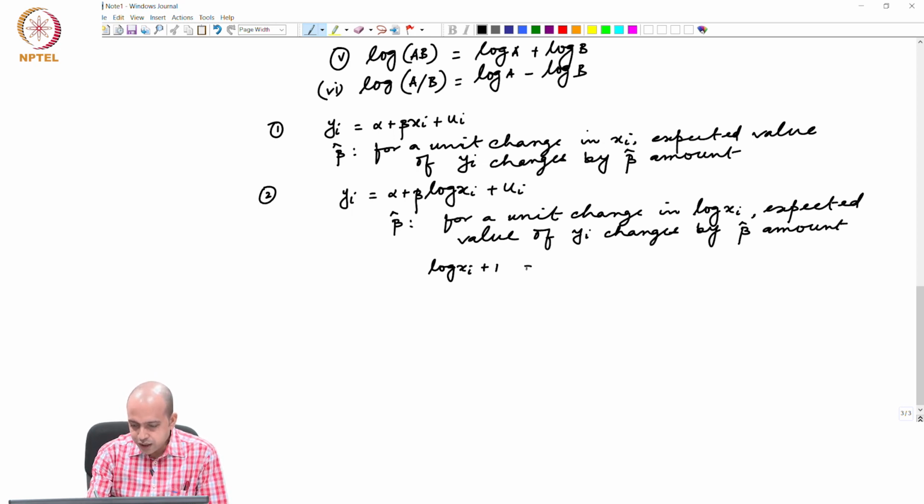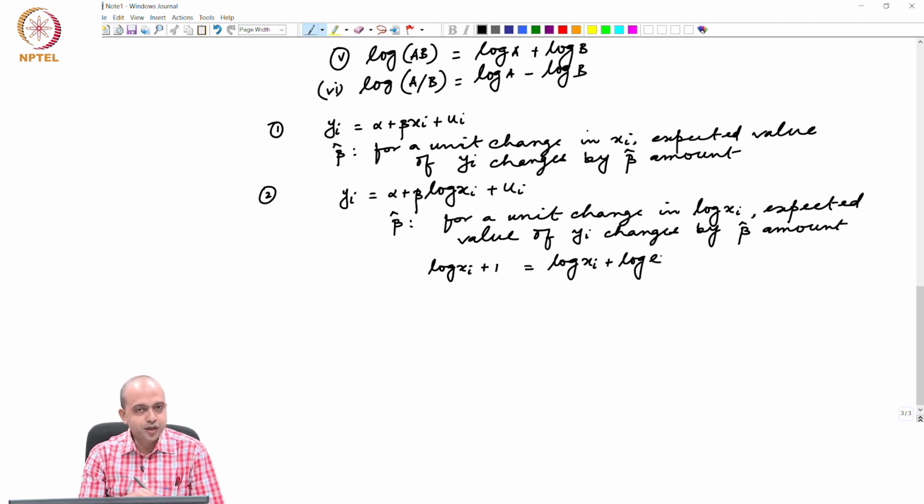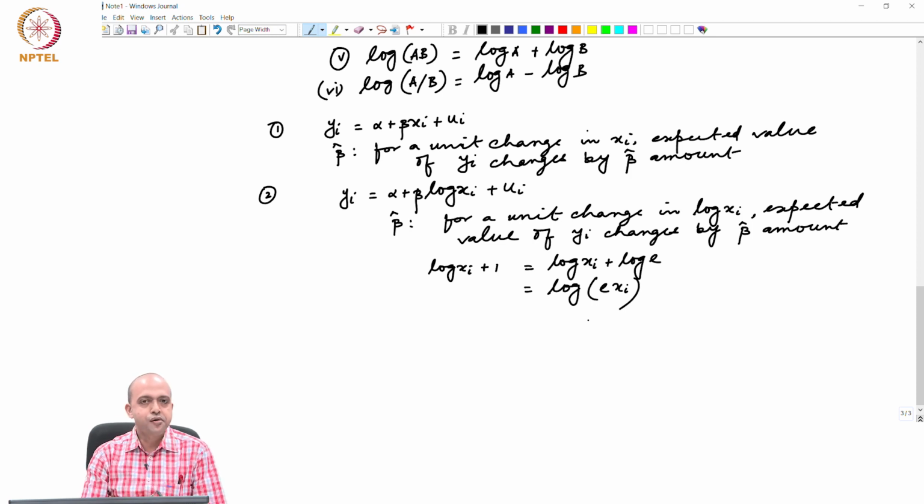This we can write as log of xi plus log of e, from the property we discussed earlier that log e equals 1, and this we can write as log of e into xi, using the property log a plus log b equals log of ab.